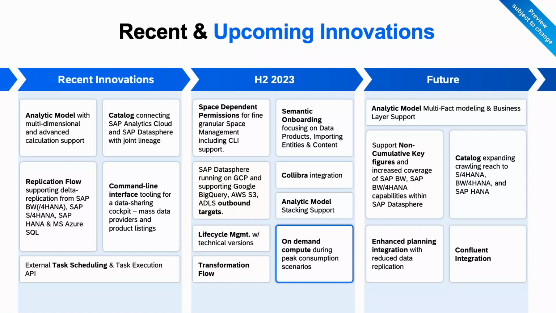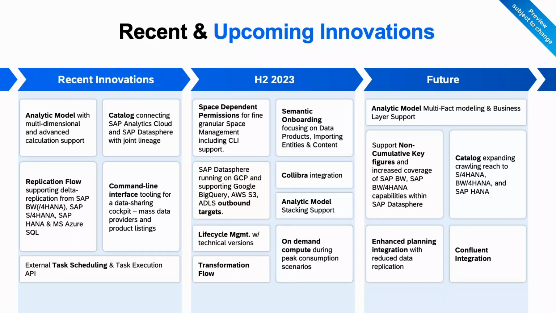And once the peak consumption timeline is over, we can just revert back to the baseline configuration of our SAP Datasphere tenant. And again, this will allow us to operate smaller tenants. And if there's more demand for consumption, then we just add an elastic compute node to the tenant.